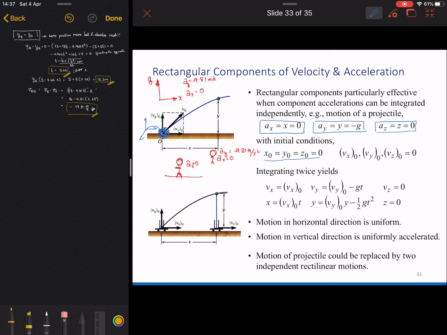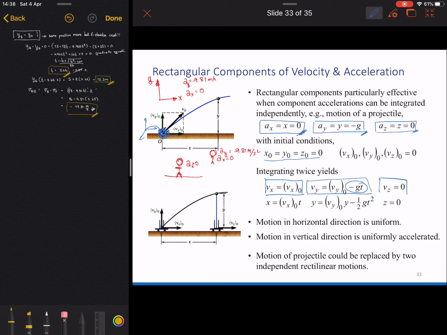Okay, when you integrate twice, for example, when you integrate those ax, ay or az, you will get velocity like this. So for ax, of course, you will get only vx0, but for vy you will also get the terms from the gravitational force.